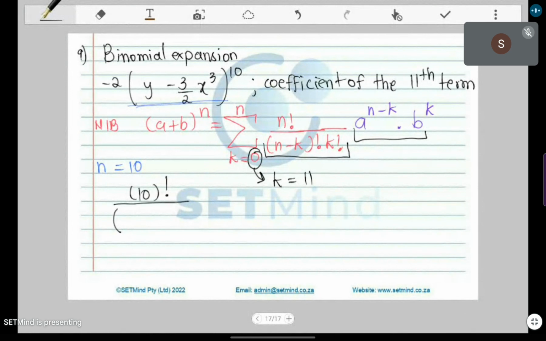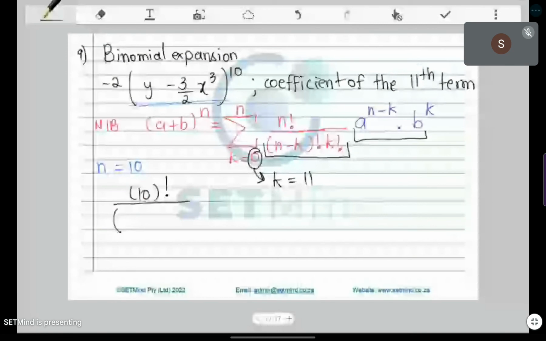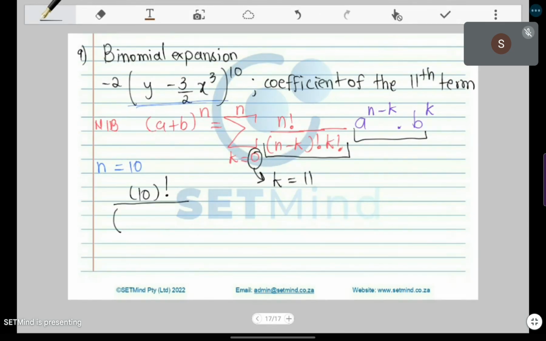Let me go back to that question. I foresee trouble here. Where is that question? K cannot be 11. Let me see what is the issue here. Binomial expansion. Where is that question now?